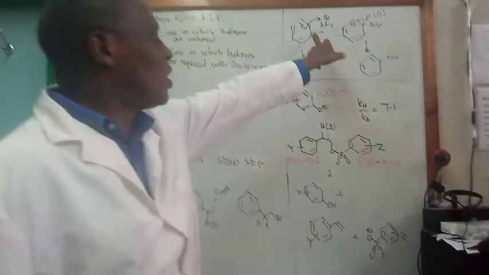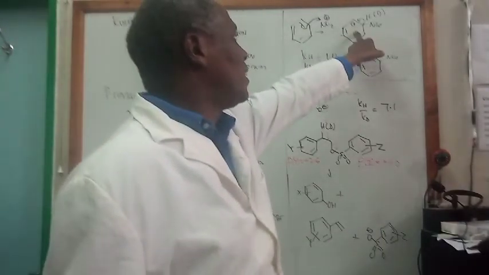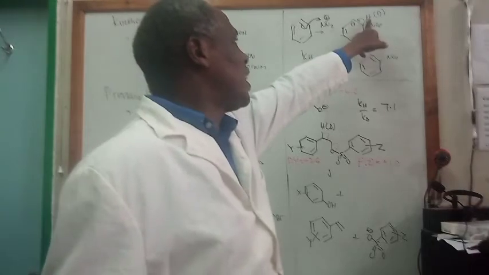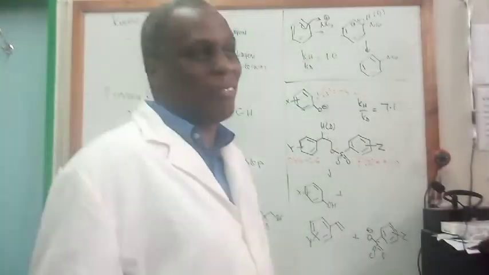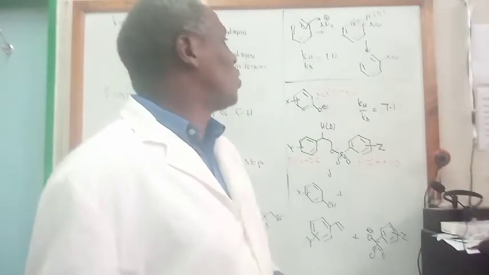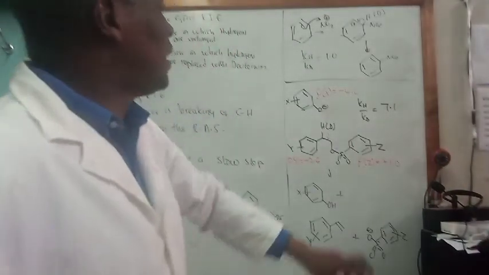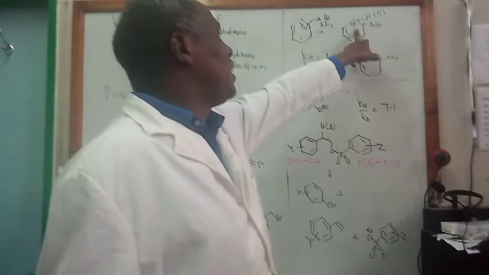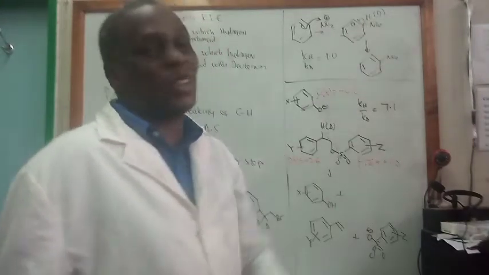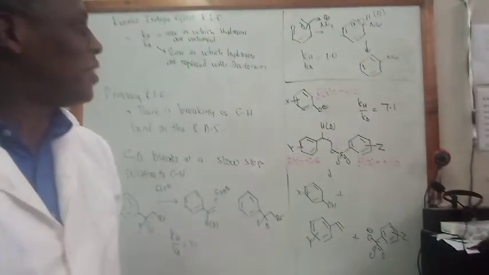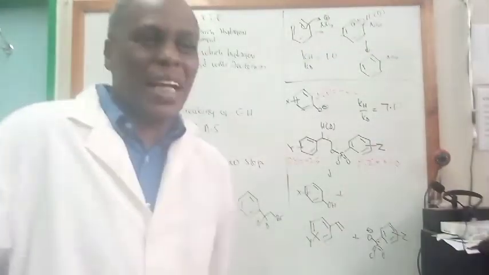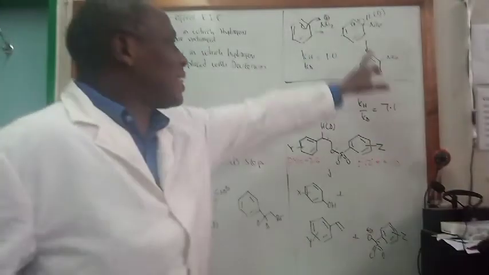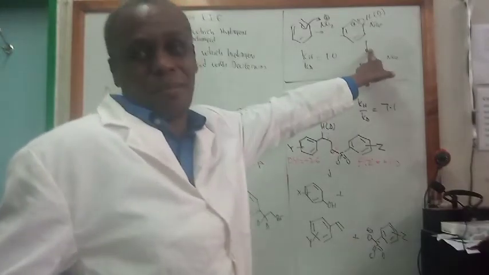And then once you've protonated the benzene ring, the proton falling off to restore aromaticity is normally a fast reaction. So the rate determining step is not the breakage of the carbon hydrogen bond. Please note this: there is a breakage of the carbon hydrogen bond, but that one is not the rate determining step.